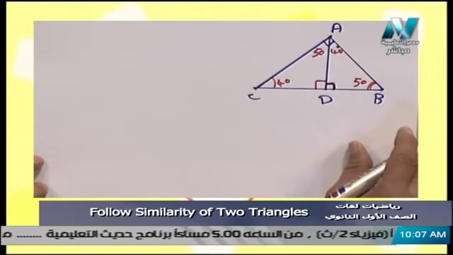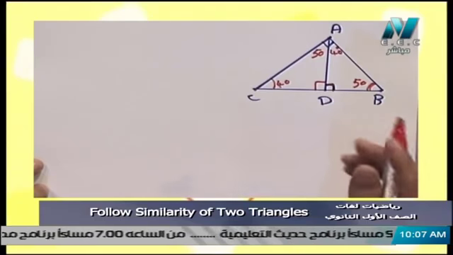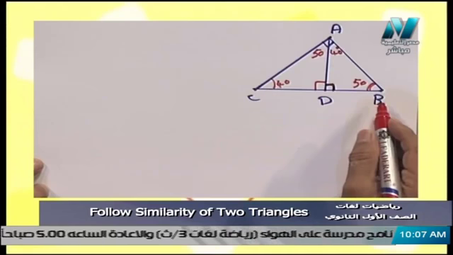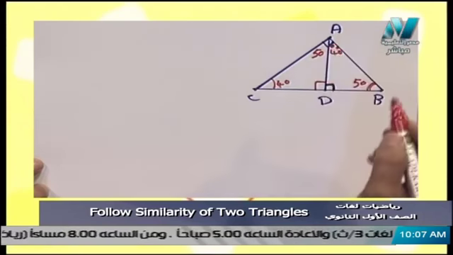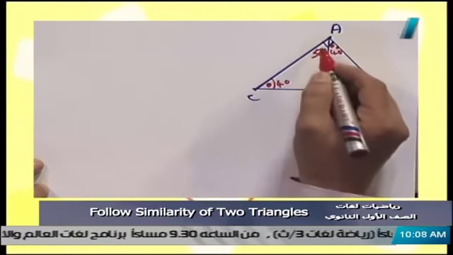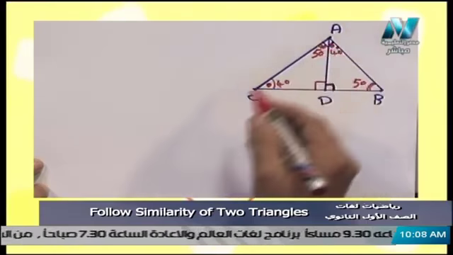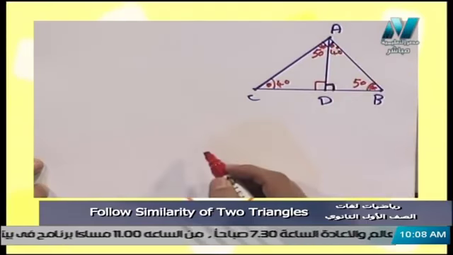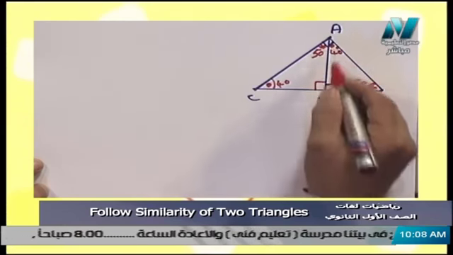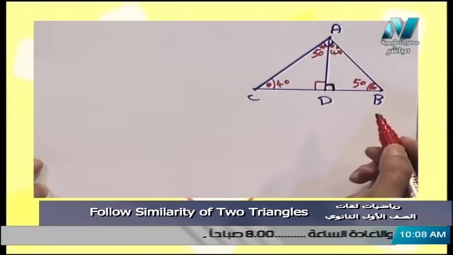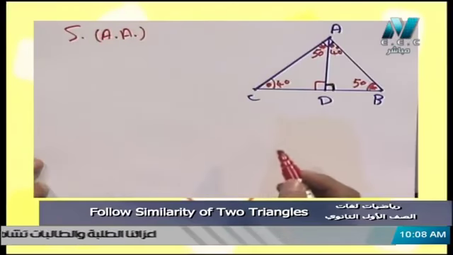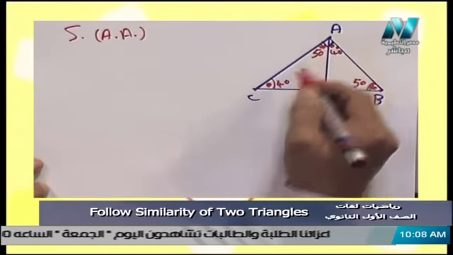So it's clear to us now that if we have a right angle triangle like that and perpendicular AD to CB, the measure angle BAD of course equals the measure angle C, and also measure angle DAC equals measure angle B. And we know that measure angle ADB equals measure angle ADC, right angle. So we know about similarity of angles: two angles in one triangle equal two angles in the other triangle.